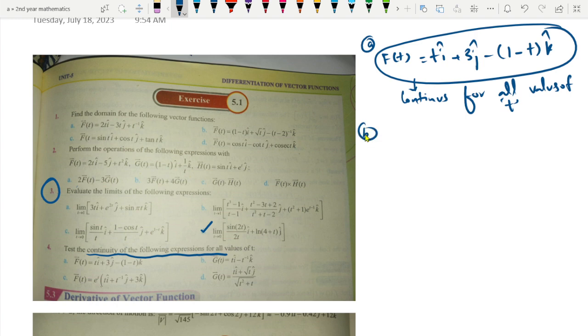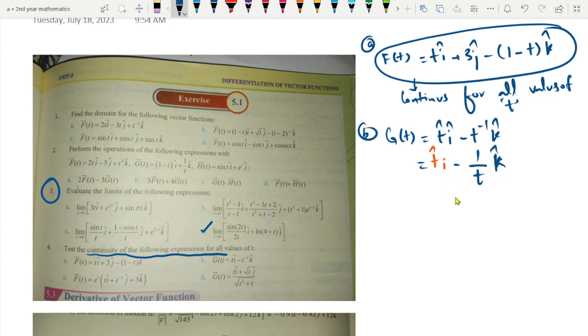Now second part, g of t is equal to ti minus t minus 1k. So we can write it as ti minus 1 divided by t k.